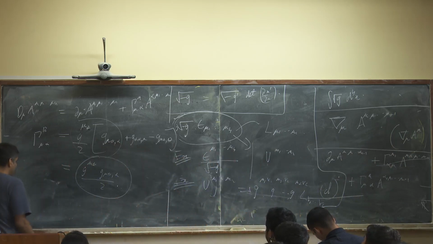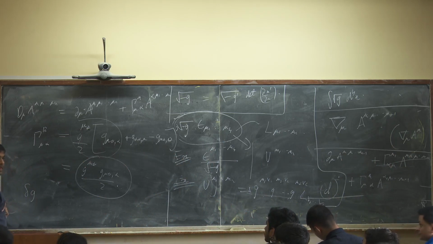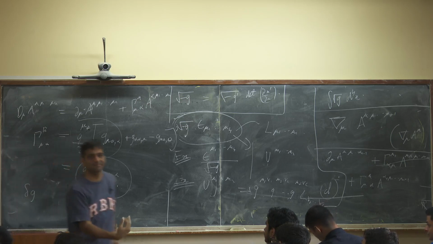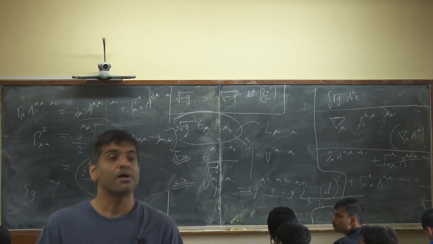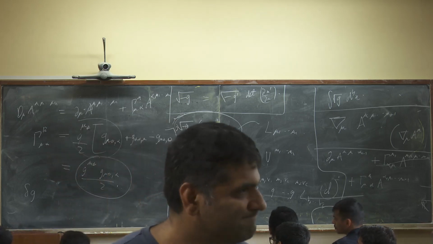Do you know this formula, the formula for the variation of the determinant of a matrix in terms of the variation of the elements of the matrix?